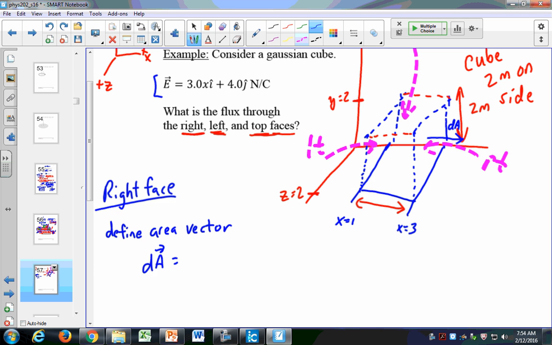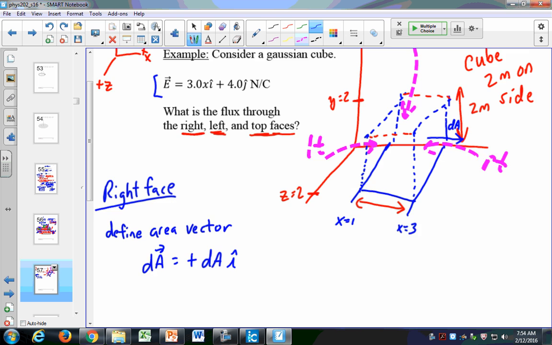Right. So my area vector, if I define this in vector notation, is going to be positive dA in the i direction. These two are equivalent because here I'm expressing it as a vector, and here it's like I'm parsing out that vector information. It's in the positive i direction that has a magnitude dA. Okay?